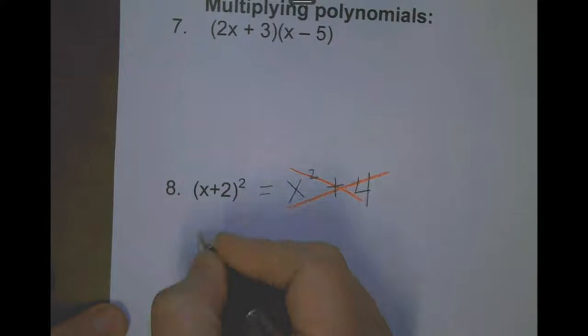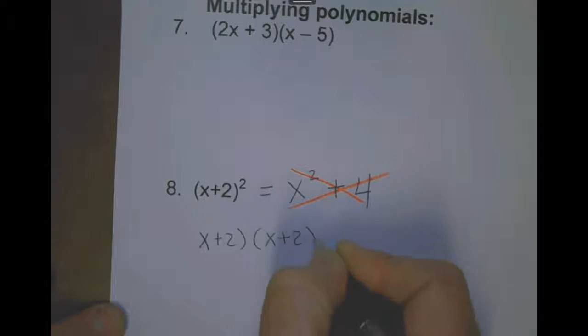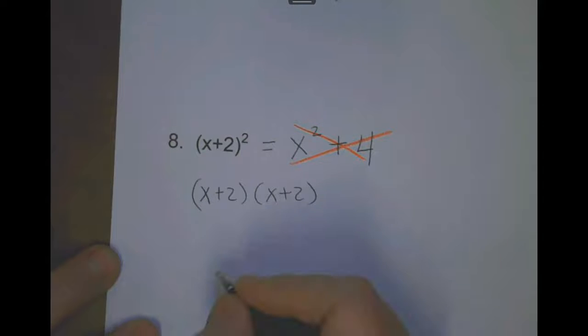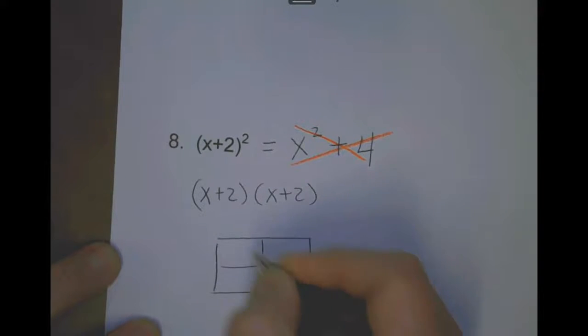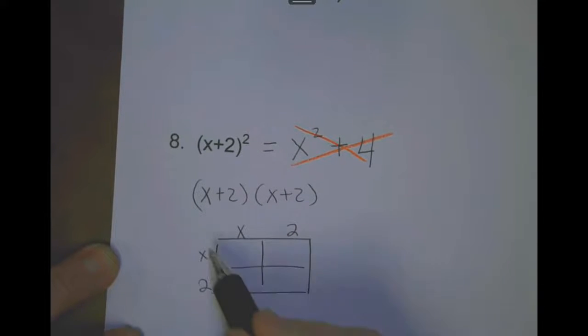Well, x plus 2 squared is x plus 2 times another x plus 2. That's what x plus 2 squared means. How do you multiply that out? You can either use a box problem or FOIL. And x times x is x squared.